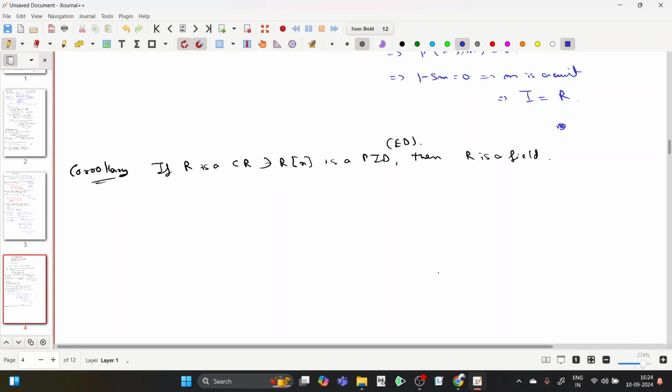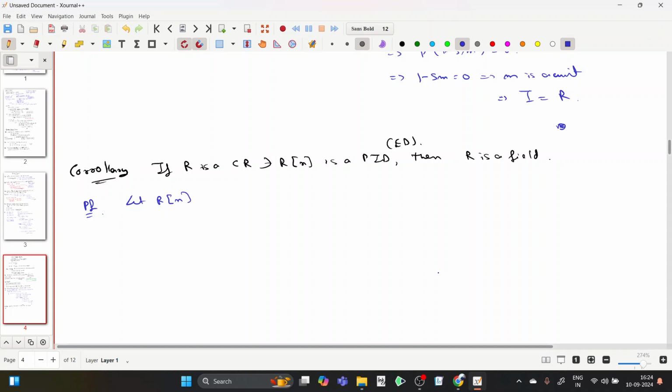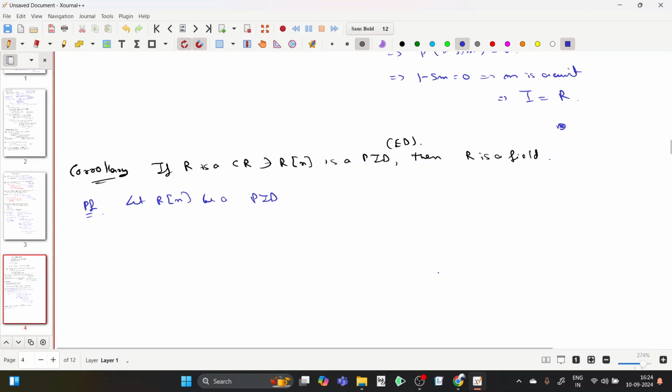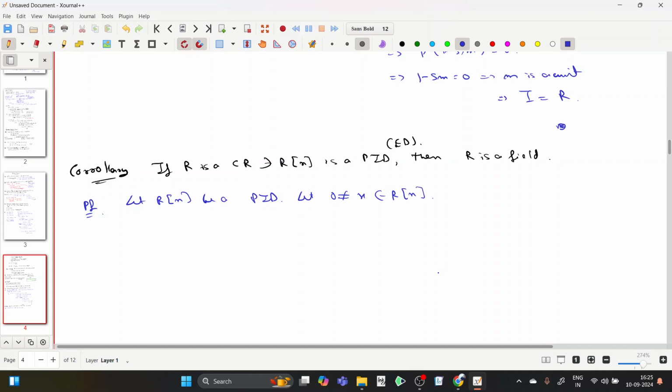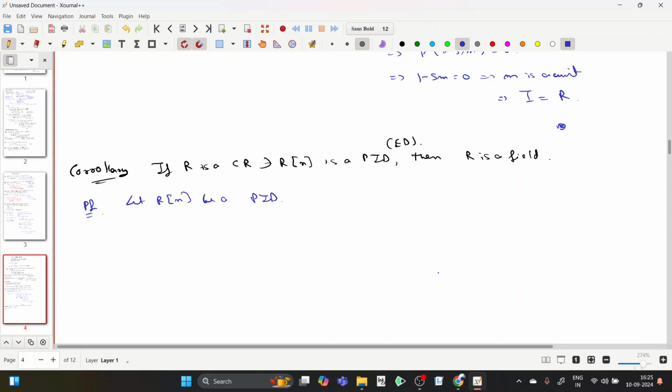Proof. And the proof is quite simple. Observe that let R[x] be a PID. Let me not talk about it in this way, because x is an indeterminate, so it is a bogus statement to say that I am talking about 0 not equal to x.